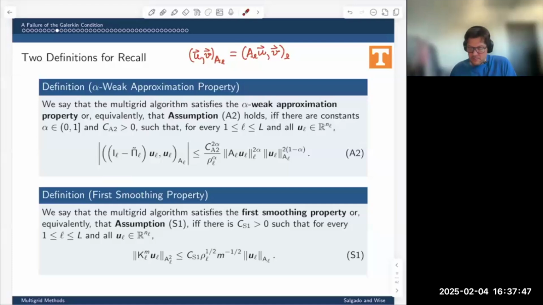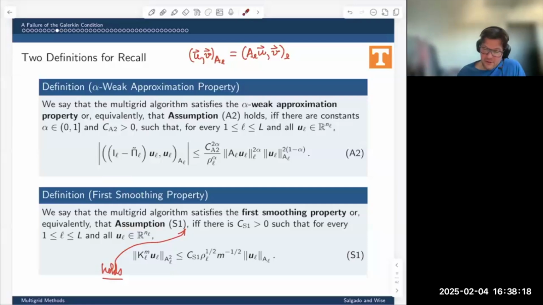If you try to say first and smoothing too fast, you end up saying Smurf. I should say here, this should be "or equivalently S1 holds." So that's a typo. Never get rid of typos.